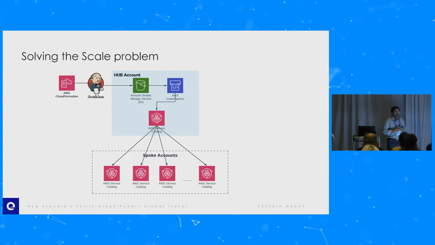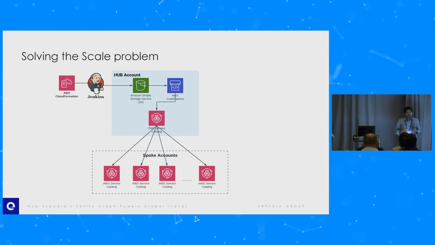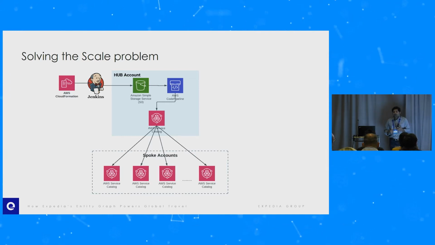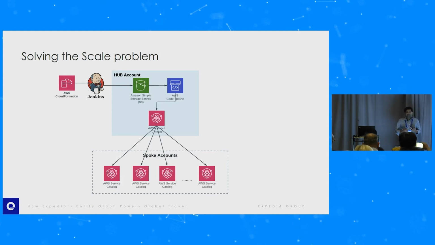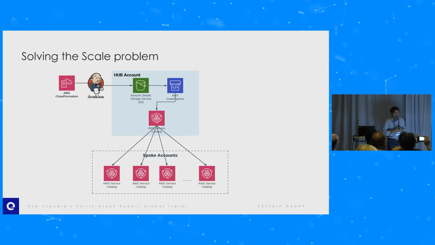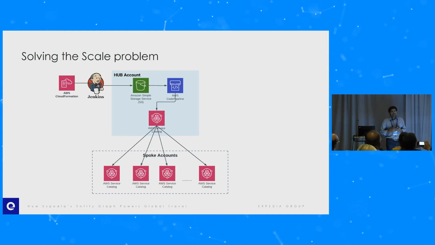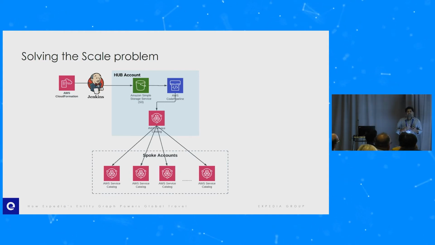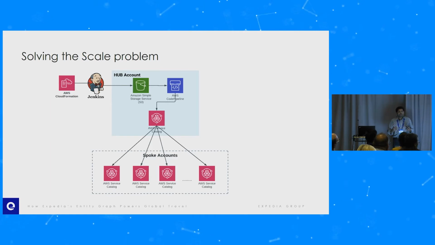So we were able to work with AWS, and we were able to use AWS Service Catalog to solve this problem. Does anybody use AWS Service Catalog? Okay. Yeah. AWS Service Catalog creates, organizes, and governs all the AWS products.